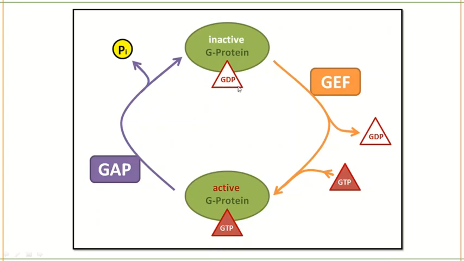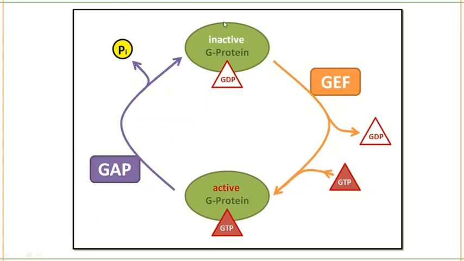I hope you know the difference between GDP and GTP. Guanine having two phosphates is called GDP, guanine diphosphate, and guanine having three phosphates is called GTP. So when one phosphate is removed by GAP, it becomes GDP. When the G protein is bound to GDP, it will be in an inactive state.